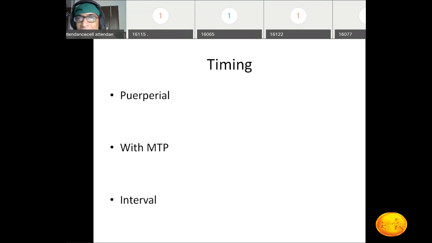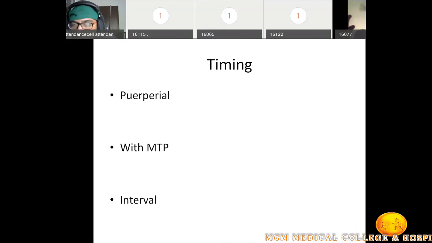Puerperial, what is the advantage of this puerperial timing? One, she is already hospitalized. She delivered just now, so obviously we are very sure that she is not pregnant. But the most important advantage is that she is still hospitalized, and so she is at rest for a few months after the delivery, and in the same rest she can have this surgery also.